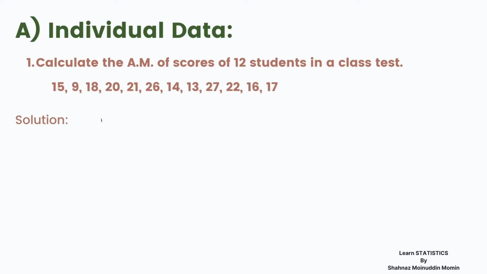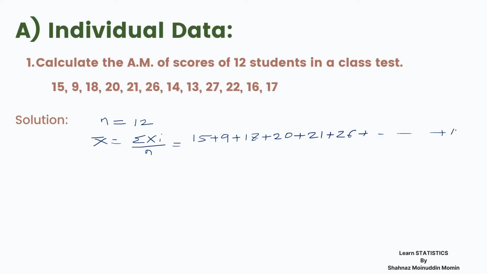The total number of observations is 12 since there are 12 students. And the formula for mean is x bar equal to summation xi upon n. That is, we have to add all these values divided by the total number of observations, 12.